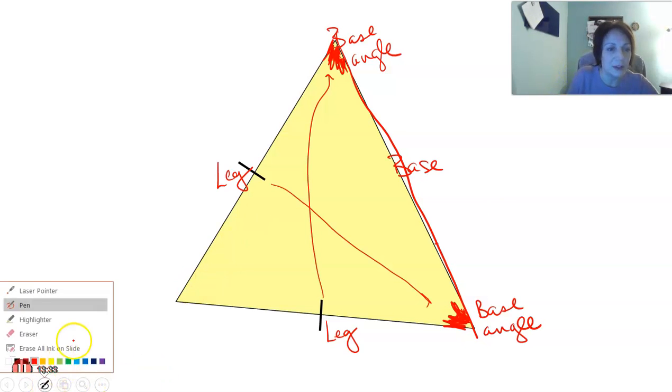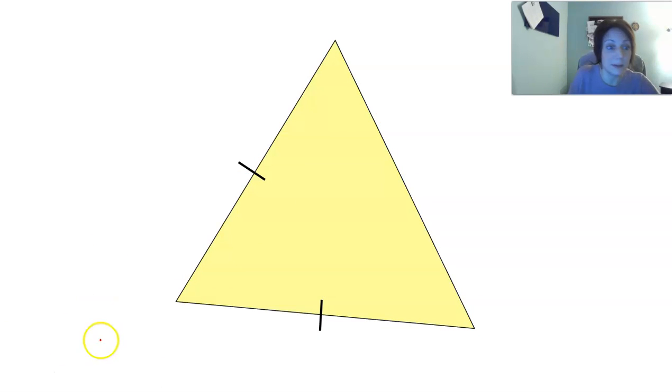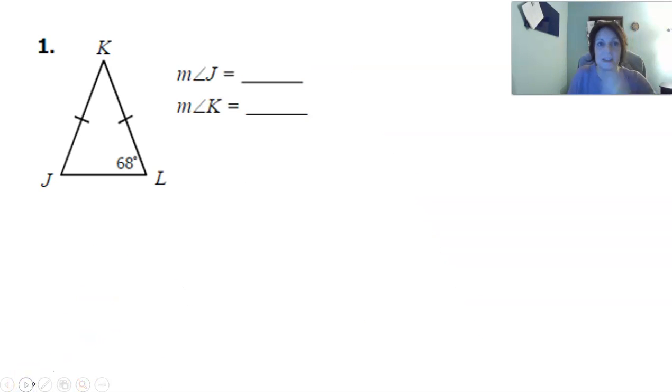So let's do a couple problems. All right, so in number one here, notice they give us a triangle. They label isosceles. So as soon as I see these tick marks, this is a leg, this is a leg. And if these are my legs, then this side here that hasn't been labeled is my base.